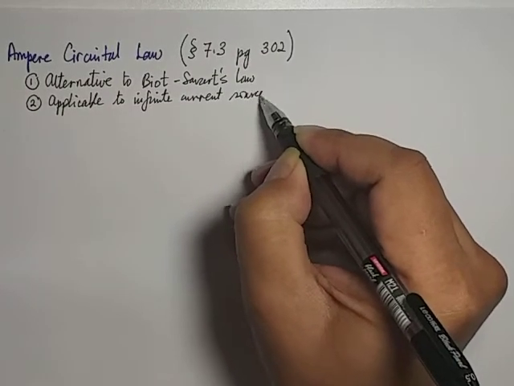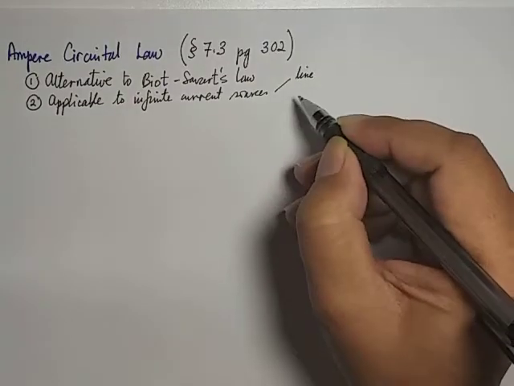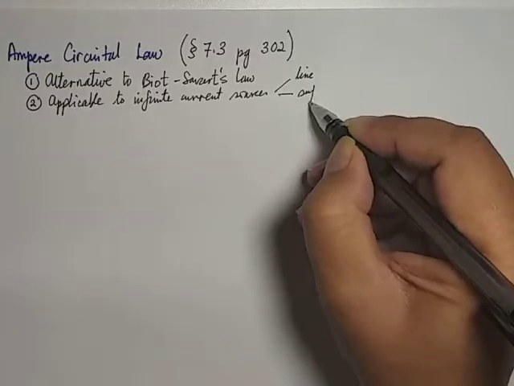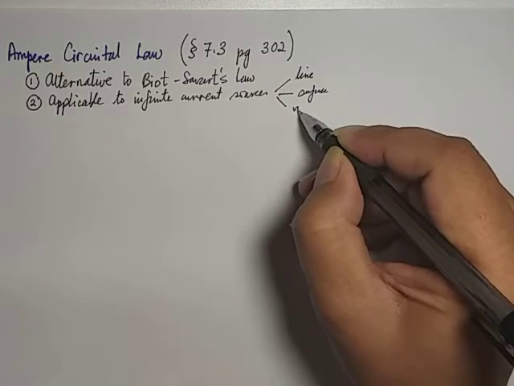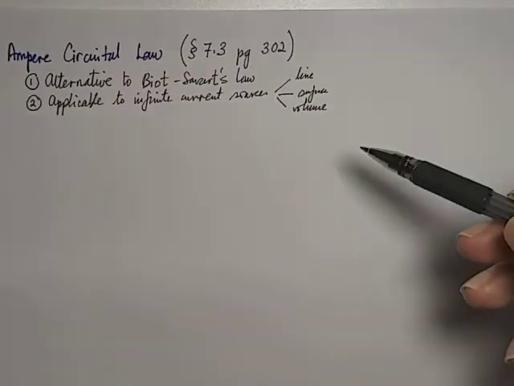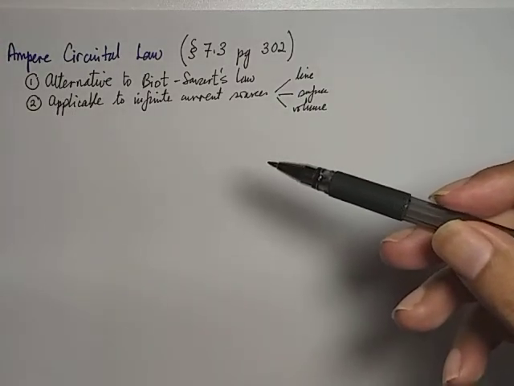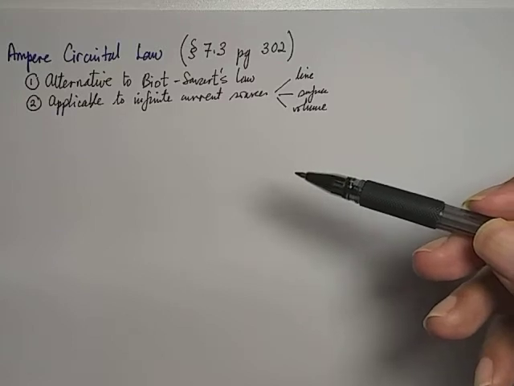So our current source can be what? Line, good. What else? Surface or volume. So all these three current sources, if they are infinitely large, we can use ACL to find the magnetic field.